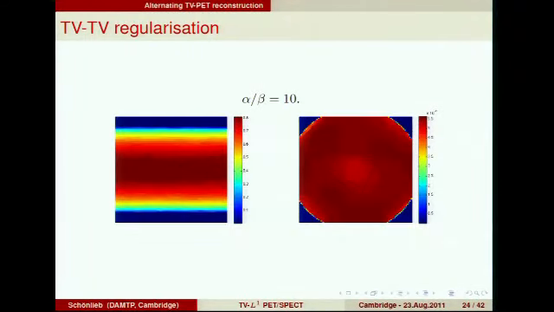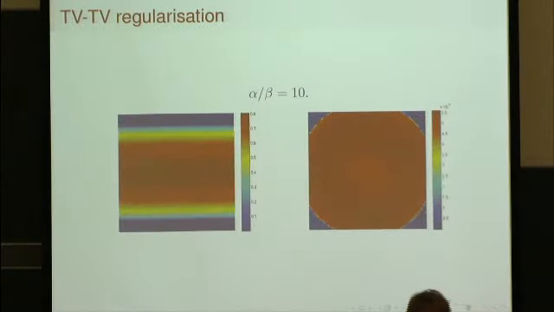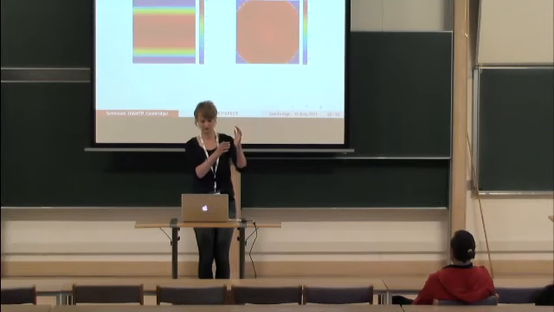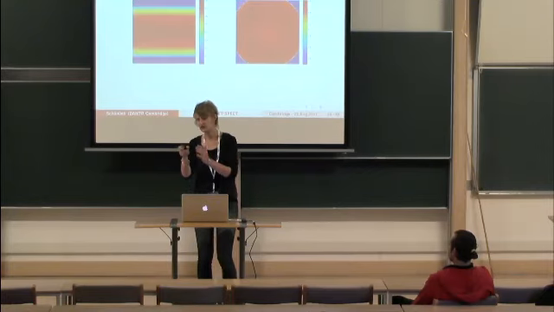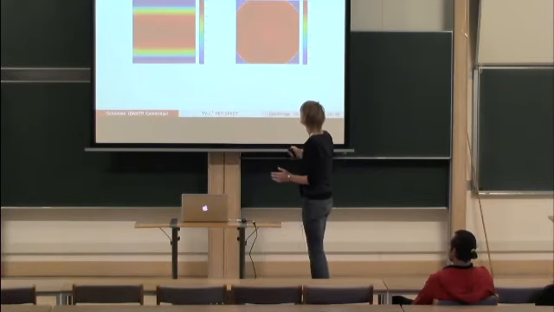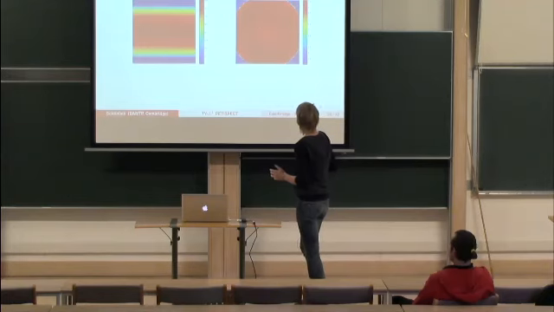The difference that I see here on the screen is that when you only regularize with TV on the sinogram, you can still see these radial lines in the image, though they are fading away when you increase the weight on the total variation regularization. When you do TV on both, you will just see a flat disk here, and you see the nice boundary here.